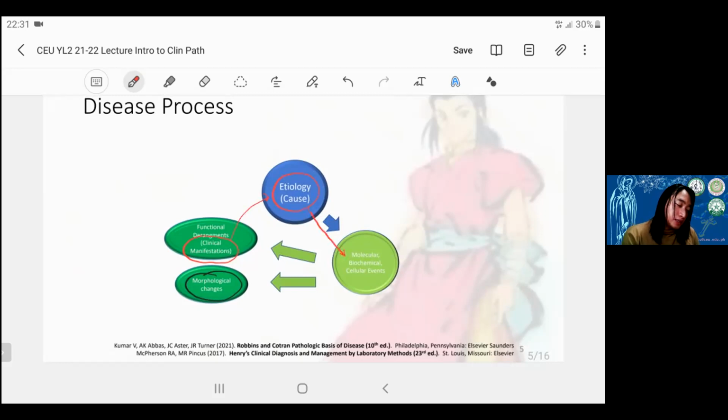And this would be the different cellular elements, your CBC, different chemical changes. So this is where your clinical chemistry comes in, and sometimes molecular changes. Actually, immunology is part of this because you're determining antibodies, which are molecules. And by knowing these changes, you're able to support the most probable cause of the disease. And by knowing the cause of the disease, you know how you will treat the patient.